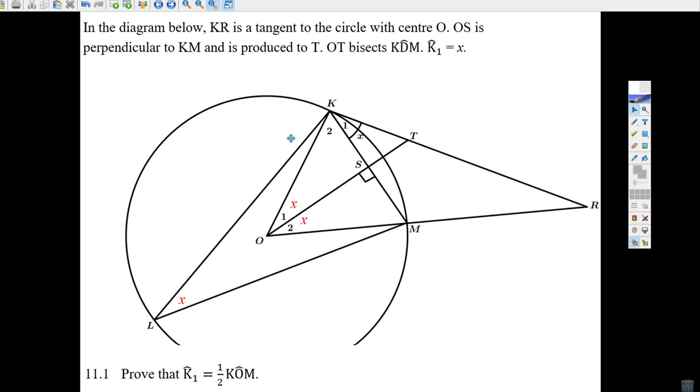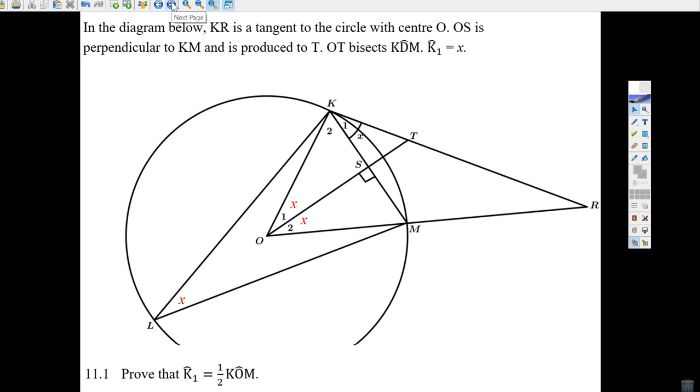Because they told us right in the beginning that OT bisects it, cuts it into two equal pieces. So this x is exactly 1/2 of what this is here. We kind of knew that. The angle at the circumference is half as big as the angle at the center, and it breaks up into x and x like that.